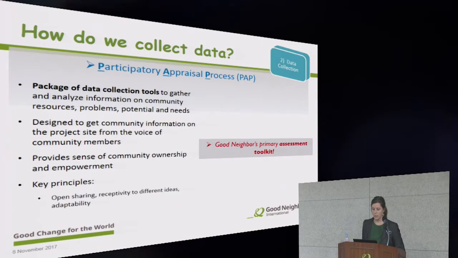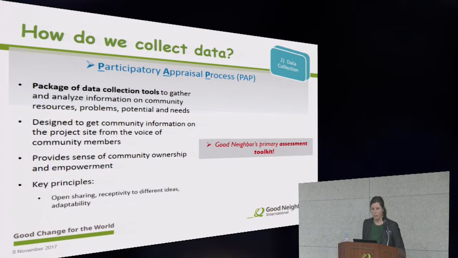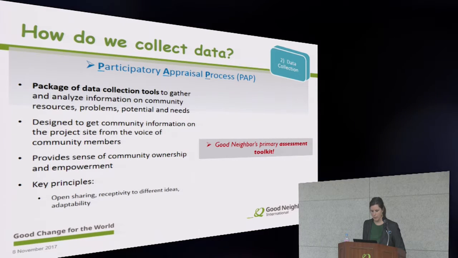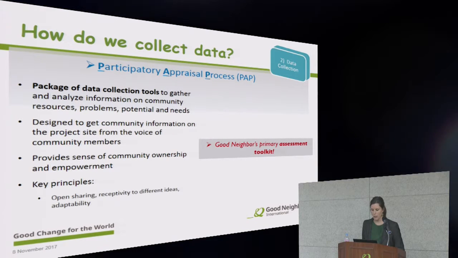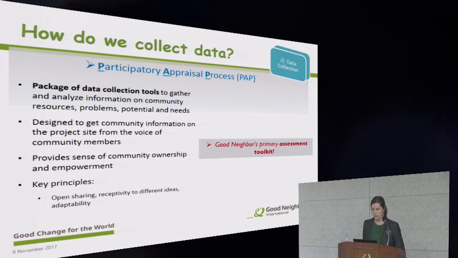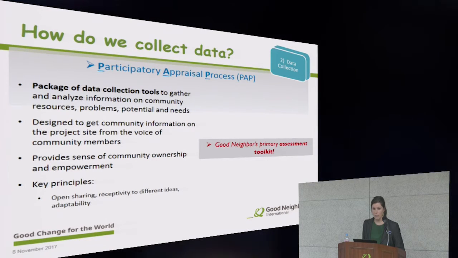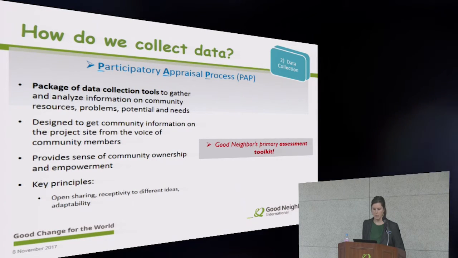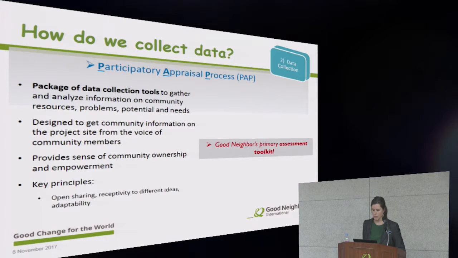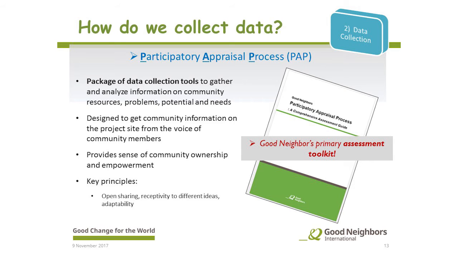It's designed to get community information on the project site from the voice of community members, and it provides a sense of community ownership and empowerment using key principles of open sharing, receptivity to different ideas, and adaptability. So you can find more detailed guidance on the PAP in GNI's assessment guide.